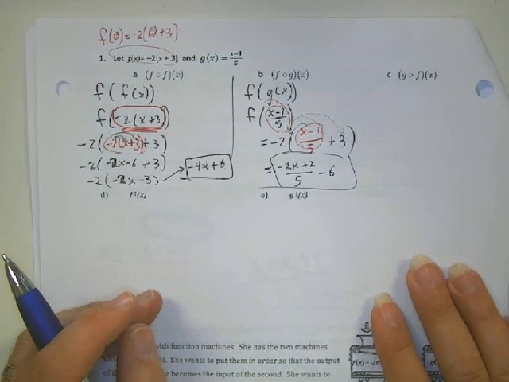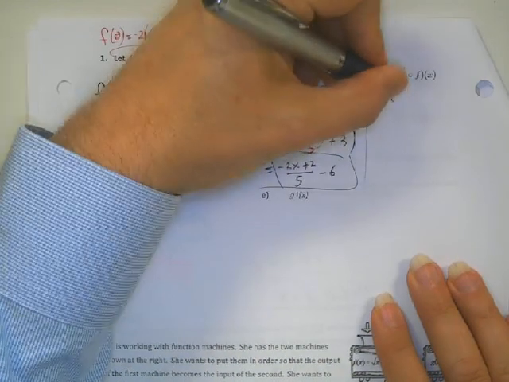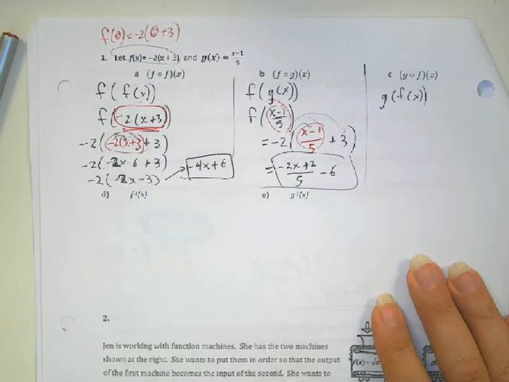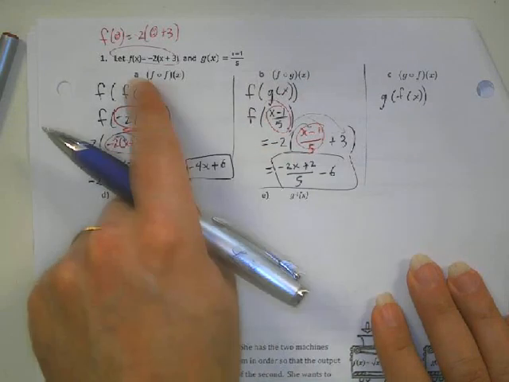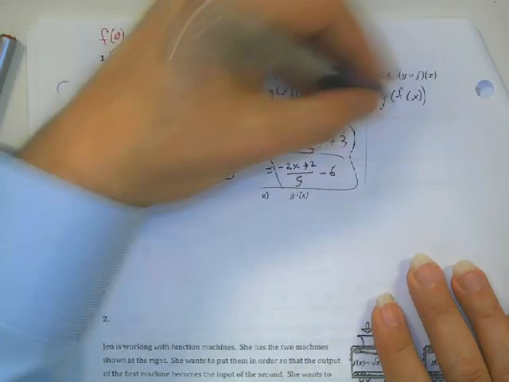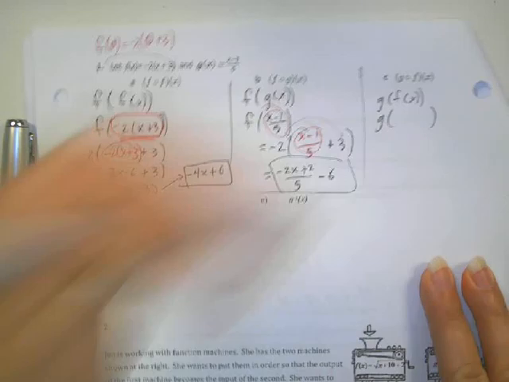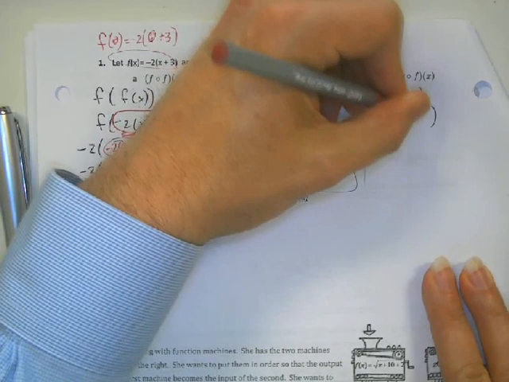Okay. Last one here, g of f of x. Okay, so f of x is negative 2 parentheses x plus 3.